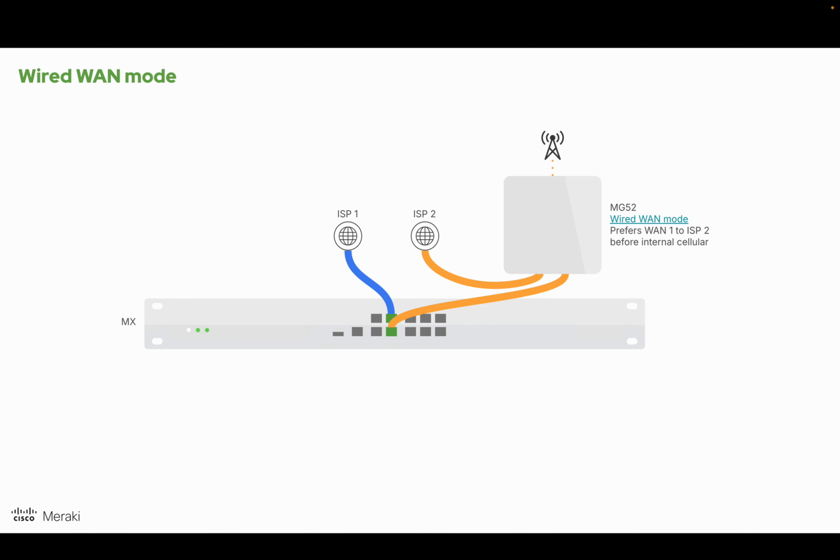And the way this flows from a failover perspective is, in this case, WAN 1 is configured as my primary WAN link. You could, of course, be load balancing across those WAN links, but for simplicity's sake, we'll just say that we're using the default mechanism with WAN 1 being the primary. And if that fails, the MX will now start to use the WAN 2 port, but it is just passing through the MG to wired ISP number 2.